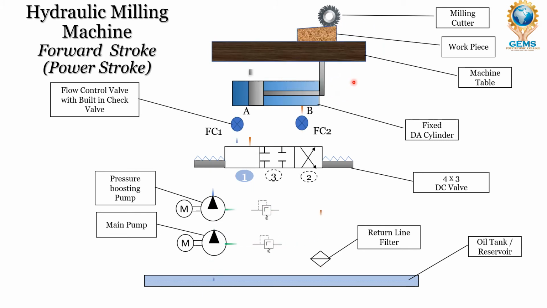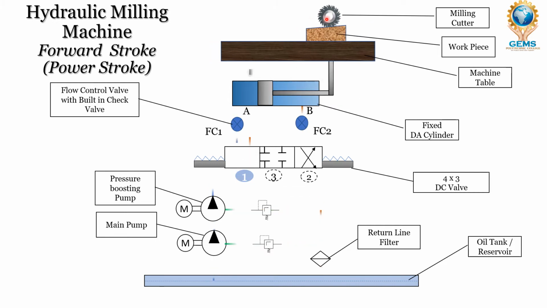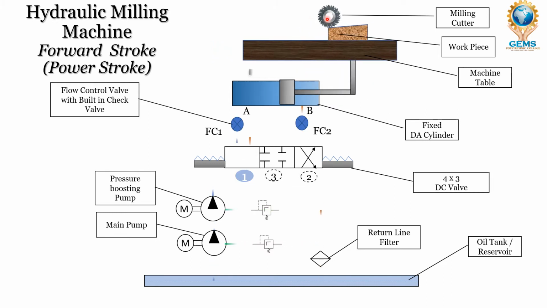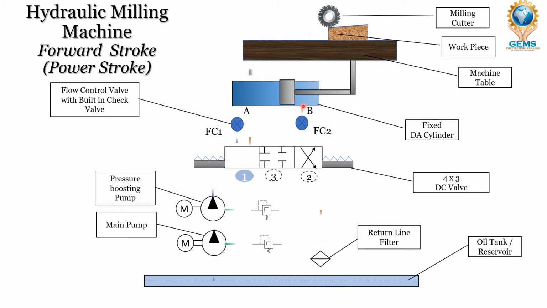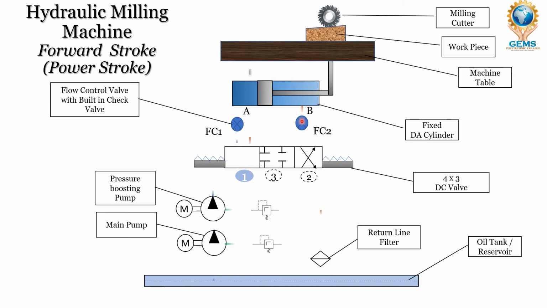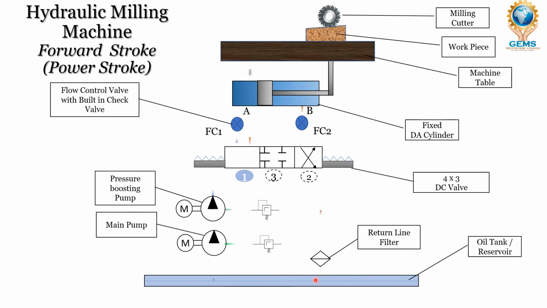The piston connected with the table also moves from left to right, so that the machining operation happens. At the same time, the return oil from the piston rod side comes from port B and goes back to the oil tank through the return line filter.